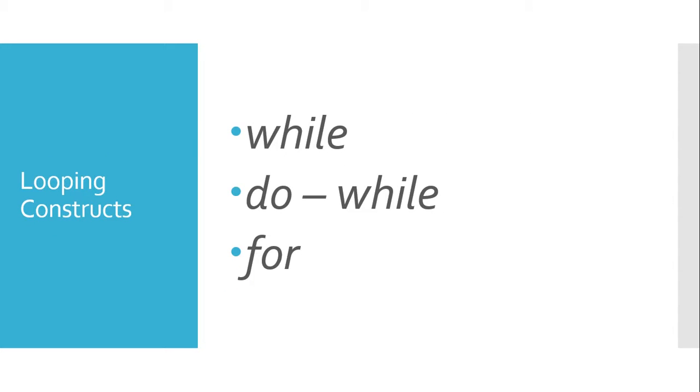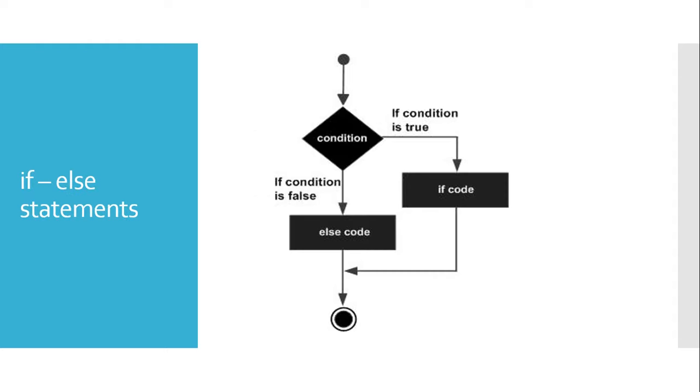Okay, so looping constructs, that's when you are going through the body of a program over and over again until the condition is false, okay? We're going to go over that in much more detail here.